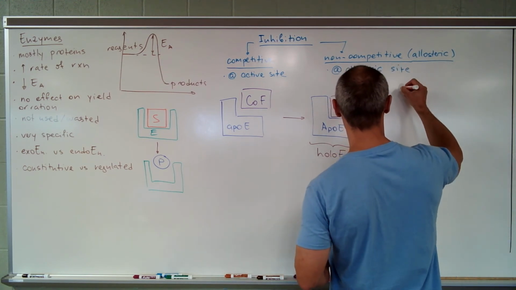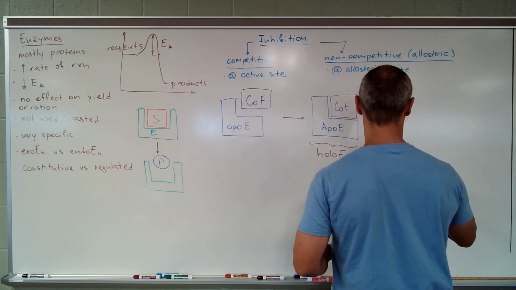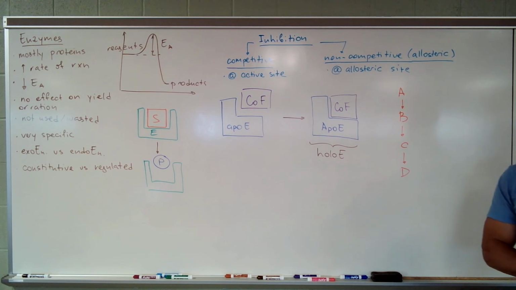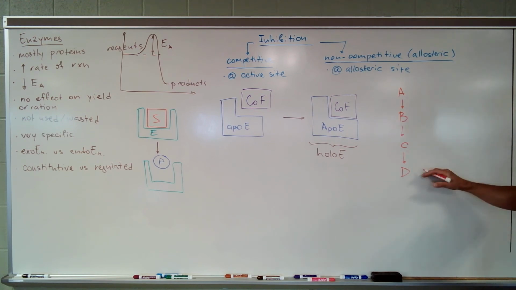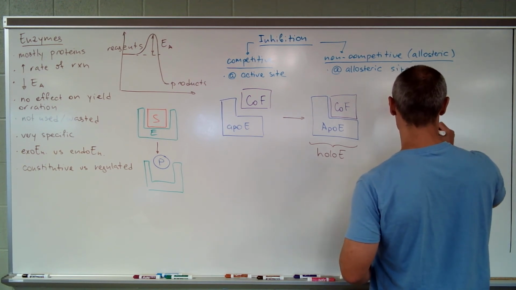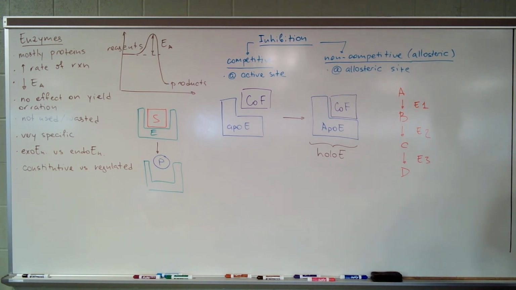So imagine that you have several intermediates, A, B, C, and final product D, okay? Are we clear? Each step here is regulated by enzyme 1, enzyme 2, and enzyme 3. Okay, so look what can happen.